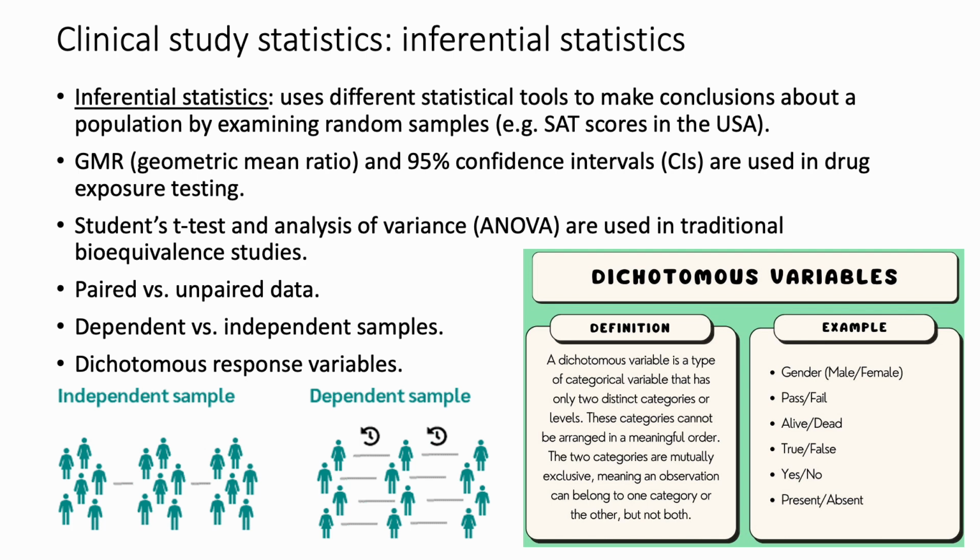Paired data is when we are dealing with dependent samples, with the same individual at different times. But if we are not dealing with the same individuals at different times, we call that unpaired data.